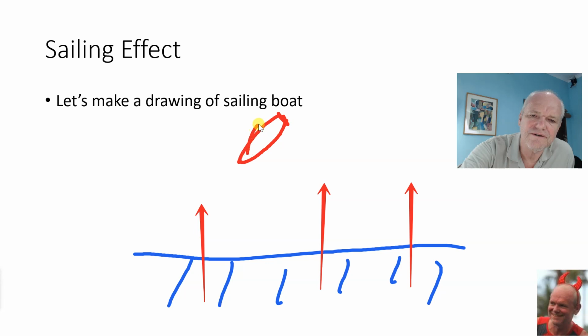Here we have the sail, and now the wind is going around. The wind comes from here, goes around and also on the inside, and that makes a low pressure here. So in the end what we have is a force in this direction. I will make an arrow to it.